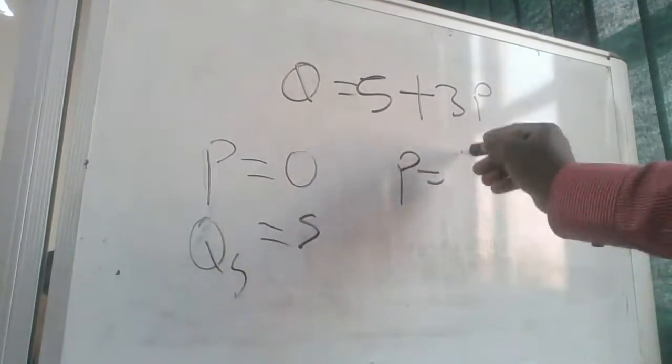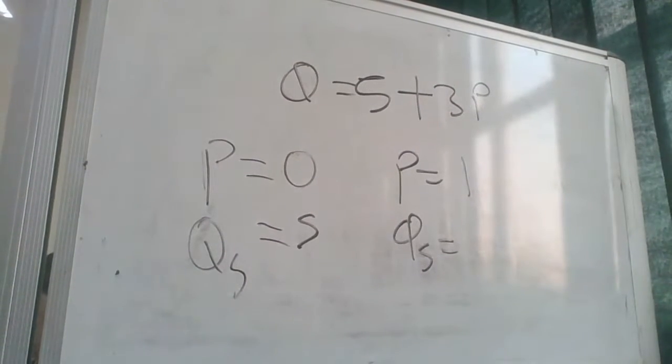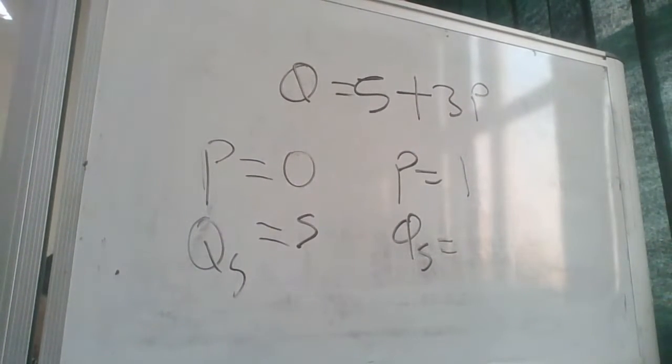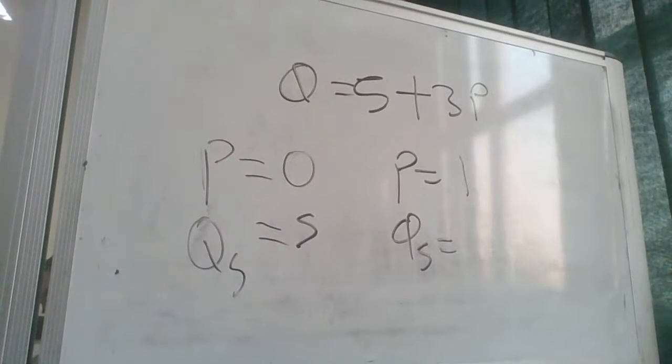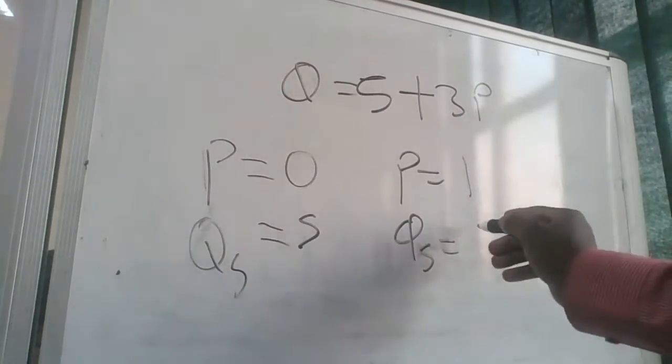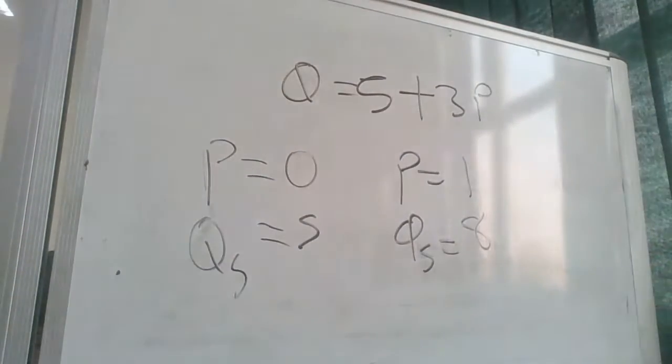When P is equal to 1, what will be the quantity supplied? Okay, people are still typing 5. We are now at P equal to 1. Okay, I'm still seeing 8 and 5 again after 8. I want to see which one people are responding to. Okay, 8, 8, 8. Okay, then we are following. So when P is equal to 1, the quantity supplied will be 8.